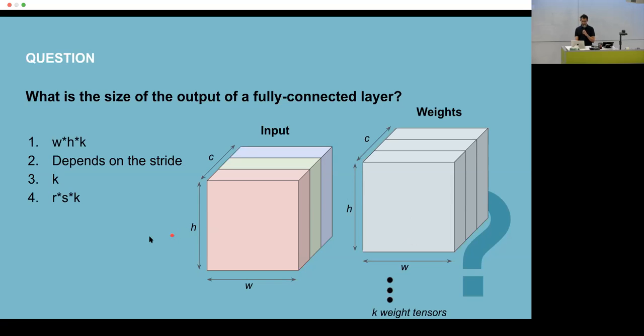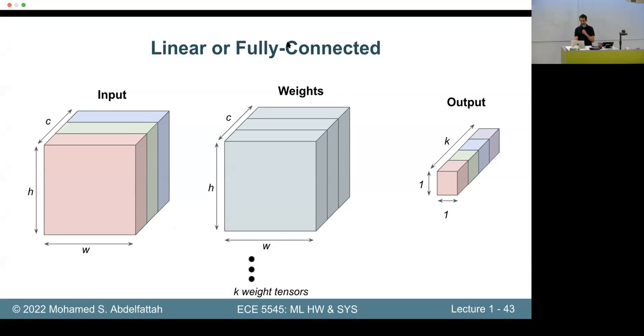So the answer is K. If you think about it, the same way that you thought about a convolution, you're multiplying that whole shape with that whole input just to produce one output value. And then you have K of those. Typically, you'll see a fully connected layer at the end of a CNN, for example, where we're just computing the class probabilities, or the logits that would be used to compute the class probabilities at the output.